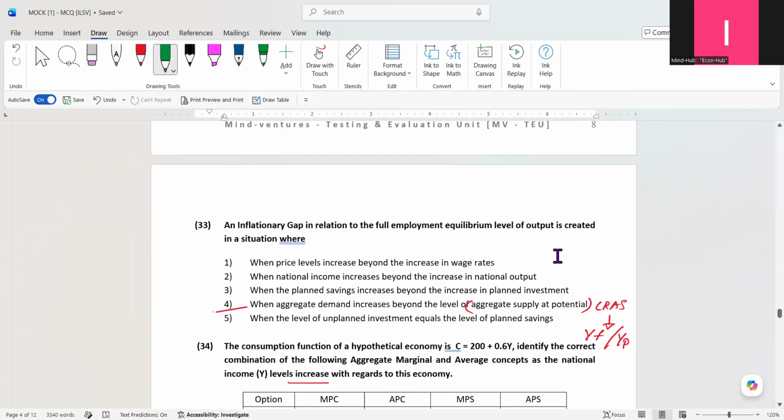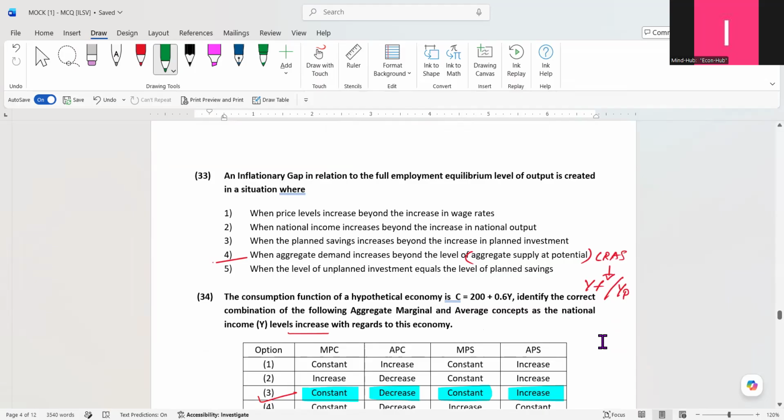33. An inflationary gap in relation to the full employment equilibrium level of output is created in a situation, what creates an inflationary gap? Basically, when aggregate demand goes beyond the level of aggregate supply at potential, or long run aggregate supply. If aggregate demand is going beyond the potential output of the country, then we can't produce at that level.